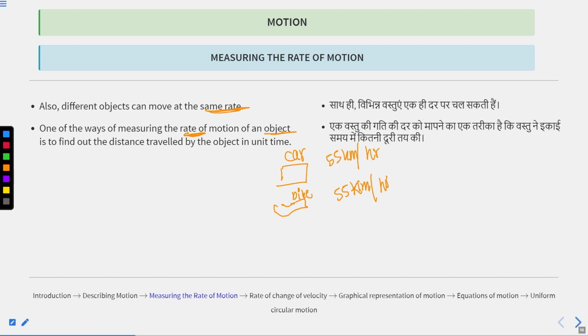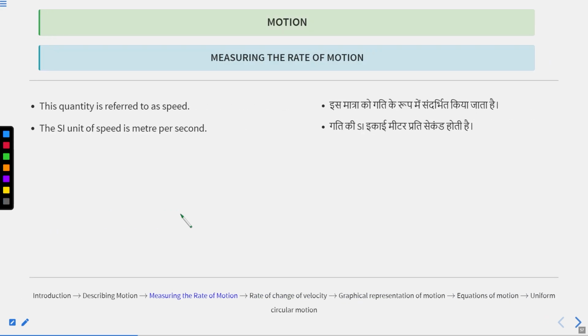So to measure the rate, you can divide distance by time. That in how much time interval, how much distance is getting covered, that's how you can indicate that the object is fast or slow. And this quantity is known as speed.